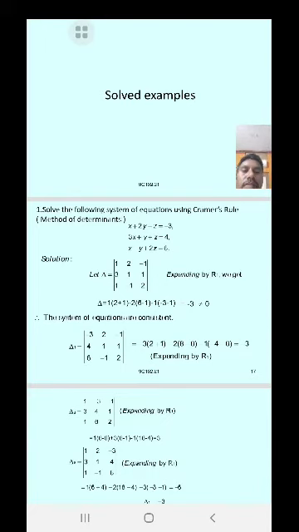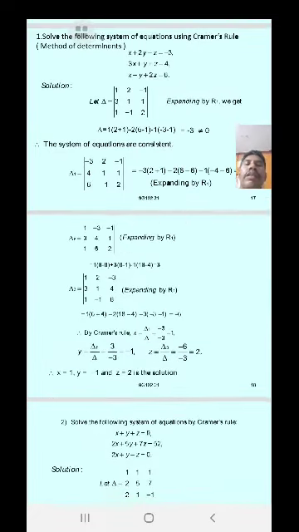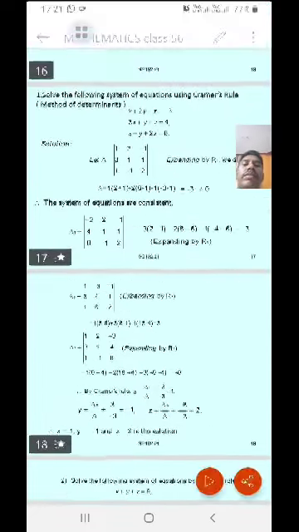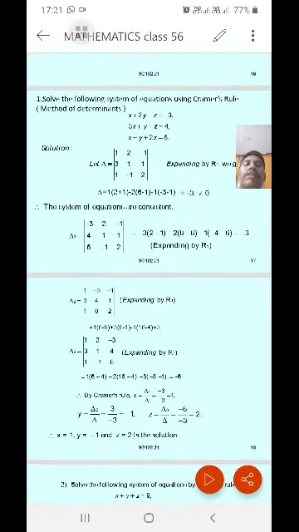After that plus, but the third element here is negative, so plus into minus minus, so minus 1 into its minor, that is minus 3 minus 1, and that equals minus 3, and that is not equal to 0. The system of equations is consistent because delta is not equal to 0.